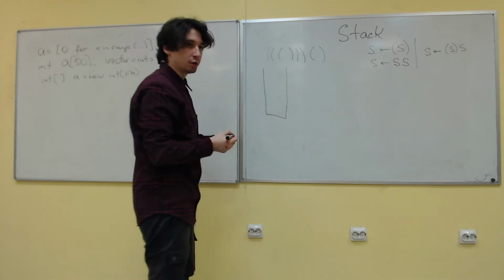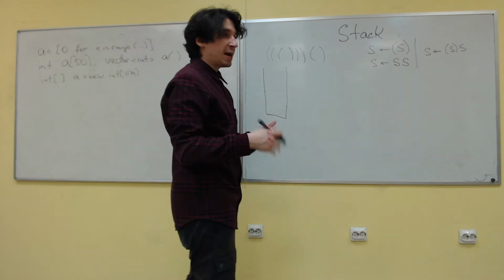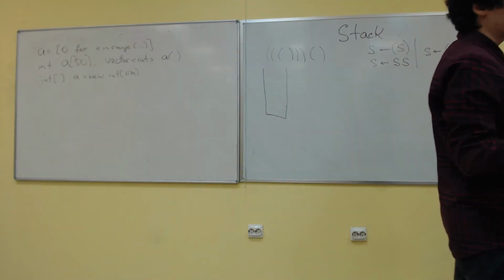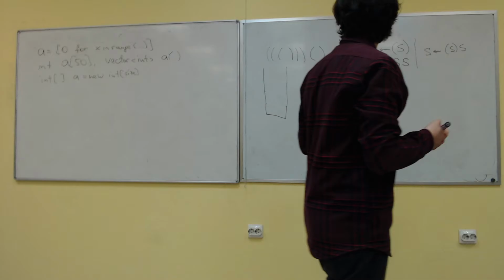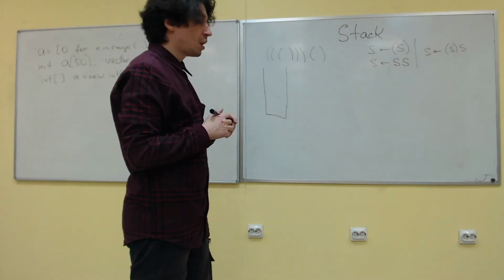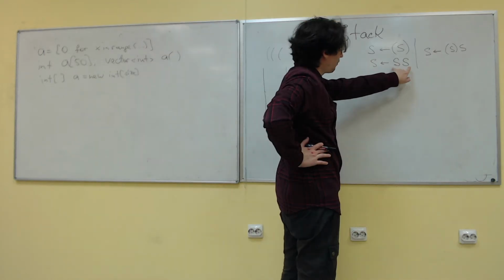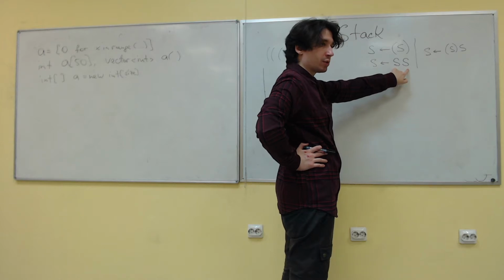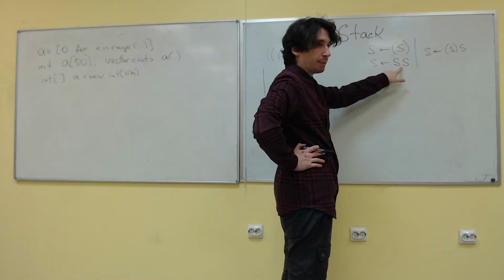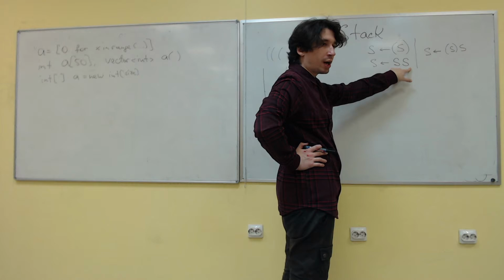And if the stack is empty, that means that we paired all the brackets up, and this means that this is the correct bracket sequence. Why is it correct? It is correct in the sense that when you have the concatenation of two correct bracket sequences, you can perform our algorithm on the first part and get an empty stack, and then on the second one you get an empty stack.